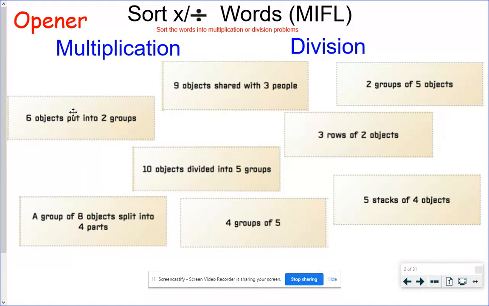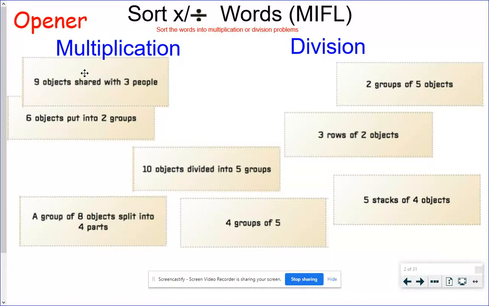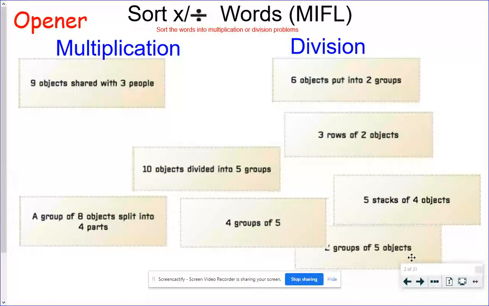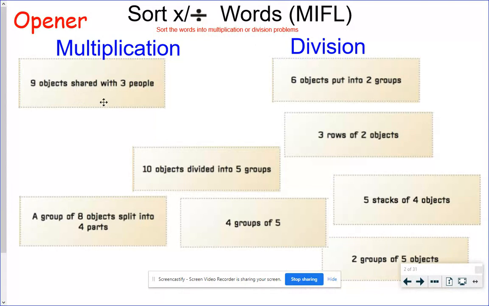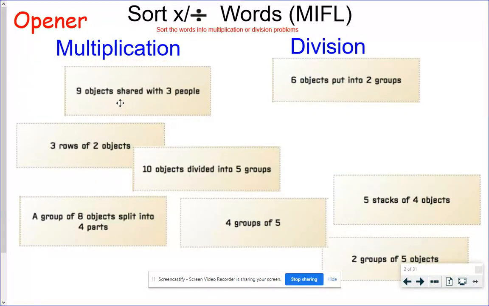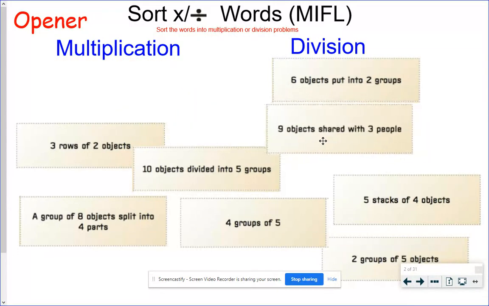If we take this one and we say 6 objects put into 2 groups, so we're putting something into groups, that would be division. This one, 9 objects shared with 3 people. So you're taking the 9 objects and you're sharing it among 3 people. So that would also be division.